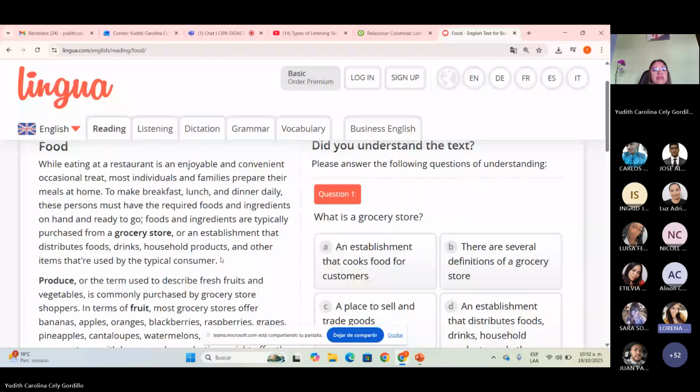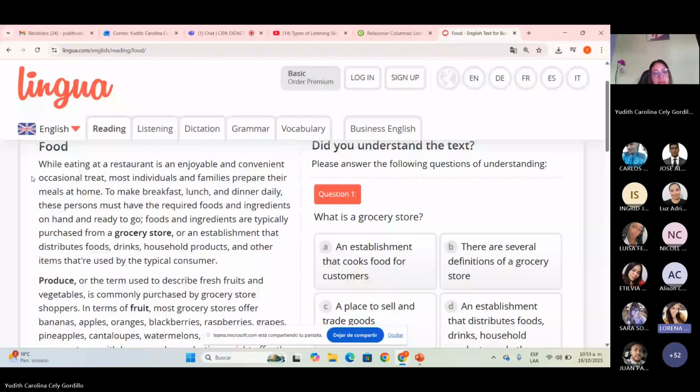While eating at a restaurant is an enjoyable and convenient occasional treat, most individuals and families prepare their meals at home. To make breakfast, lunch, and dinner daily, this person must have the required foods and ingredients on hand and ready to go.